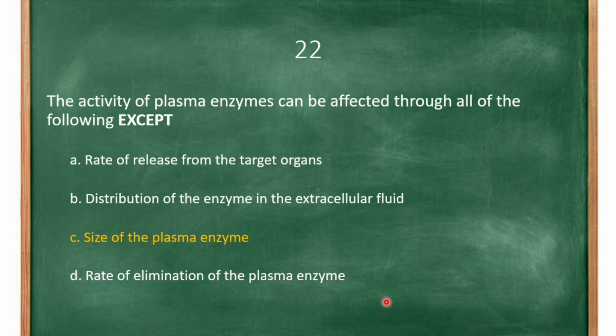It does not impact the activity of the enzyme in any way. The rate of elimination of plasma enzymes is very important. That's how long the enzyme remains before it's removed from the bloodstream, and how fast that happens. So the answer for question 22 is C, the size of the plasma enzyme.